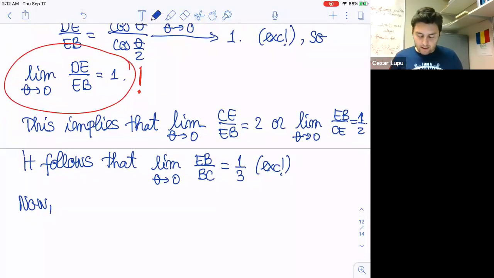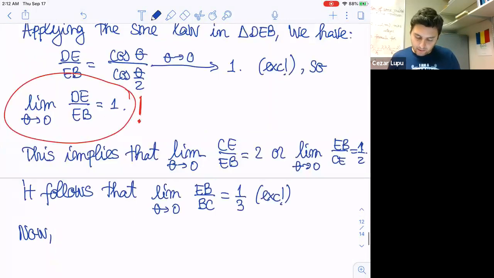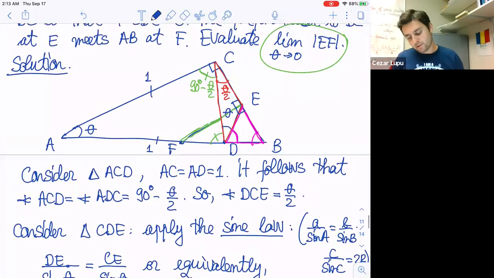Okay, let's look at the picture. You see these two triangles here? You will look at these two triangles, ABC and BEF, they're similar. So therefore, this implies that EF over AC.